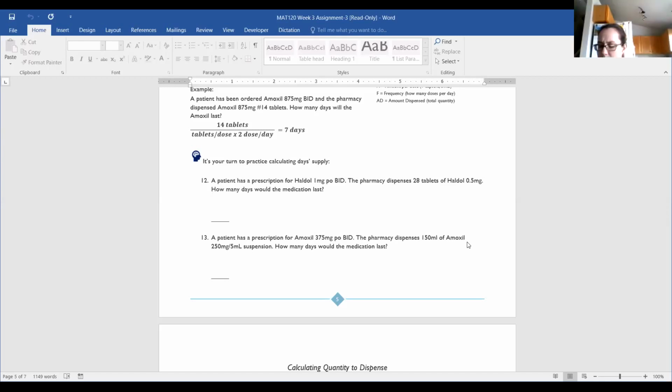So that would be 375 divided by 250 times 5 milliliters.